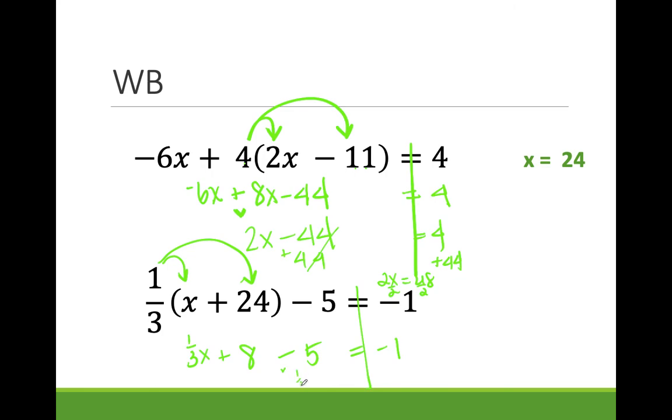So I do 1/3 x, and then I would change this to a plus 3 equals negative 1. So let's see if you can go from there. 1/3 x plus 3 equals negative 1. Okay, and for this one, you should have subtracted 3 from both sides. I'm running out of space, but you get 1/3 x equals negative 4, and then multiply both sides by 3 over 1, giving you x equals negative 12.